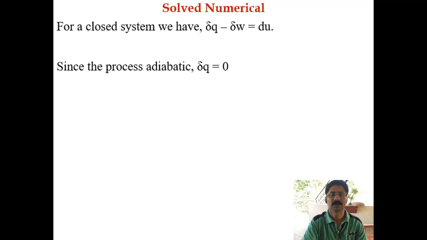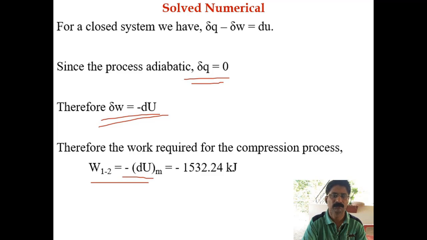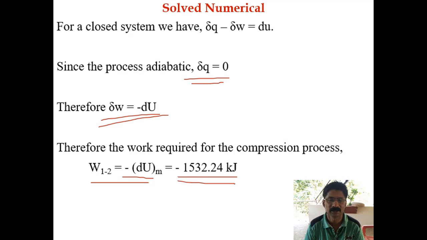Since the process is adiabatic, delta Q is equal to 0, so delta W is equal to minus dU. Therefore the work required for the compression process, W12, is minus dU for the mixture, which is minus 1532.24 kilojoules. Negative work indicates that work is done on the system during the compression process, because in compression the work is always done on the system.